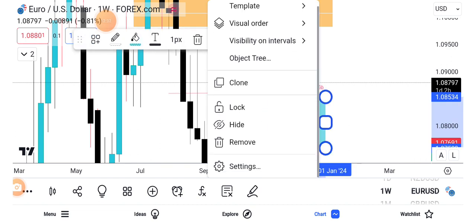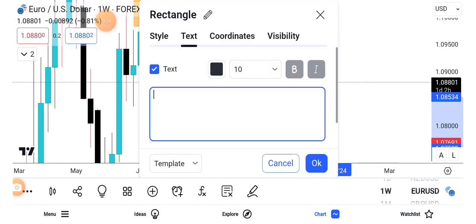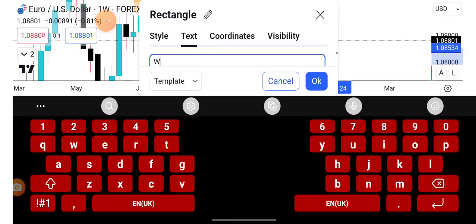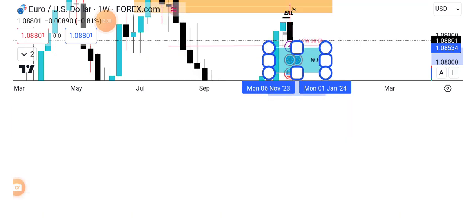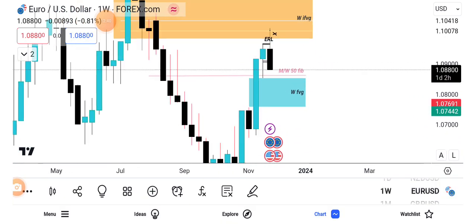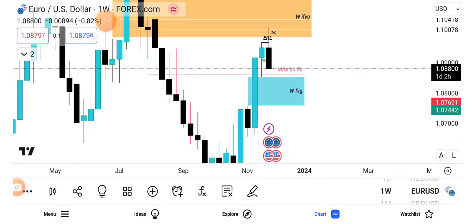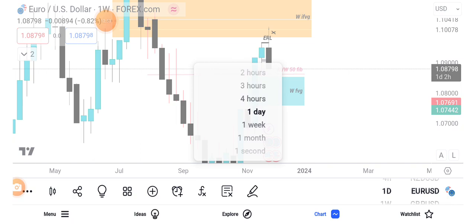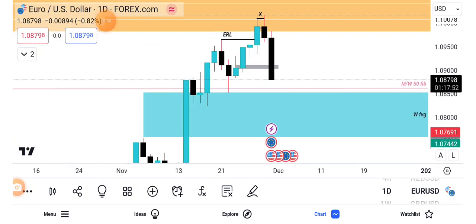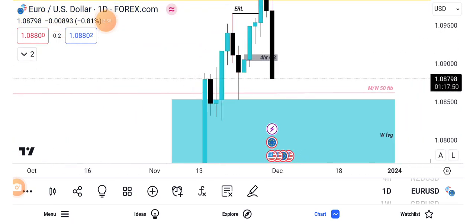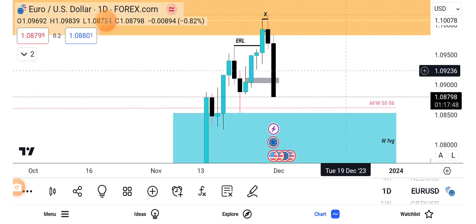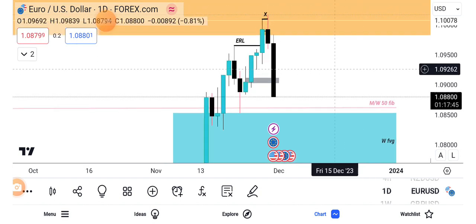We label it there. So weekly fair value gap. Yeah, this was to be a draw. So if I could have watched the higher time frame, maybe the weekly, not starting with the 4 hour, then I could have gotten a draw on liquidity and also clear sellers, because on the daily I didn't see any sellers, because there was no fair value gap.